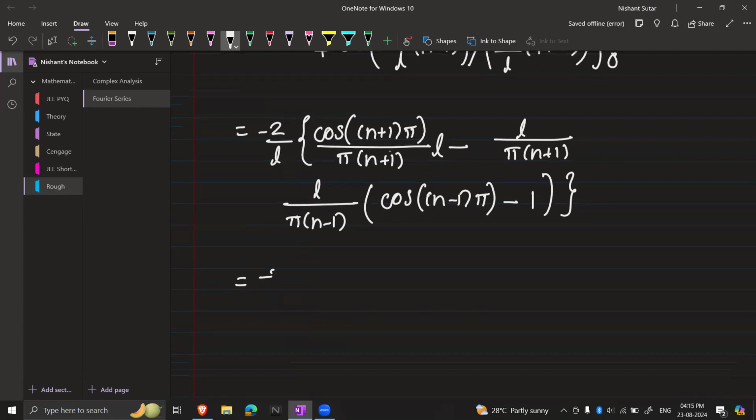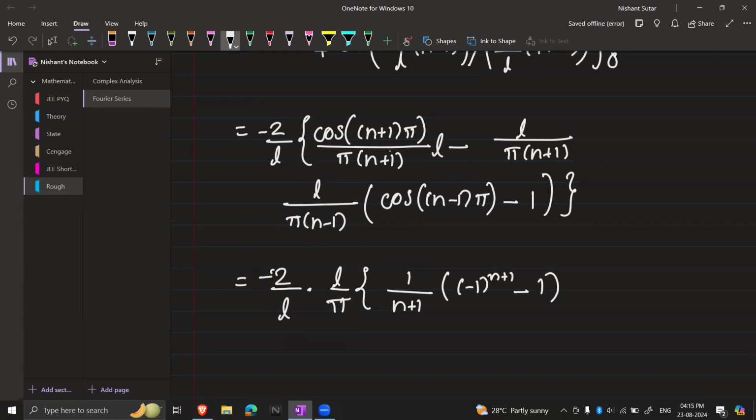So we have minus 2 by L into, note that I can take this L by pi common. For the first bracket, we remain with only 1 upon n plus 1 into minus 1 power n plus 1 minus 1.